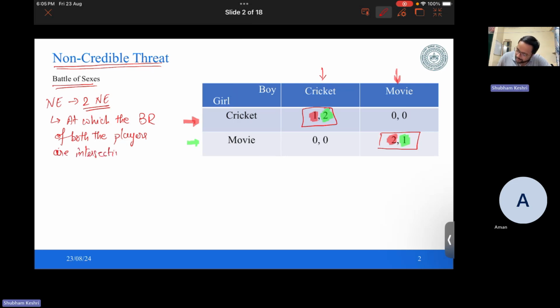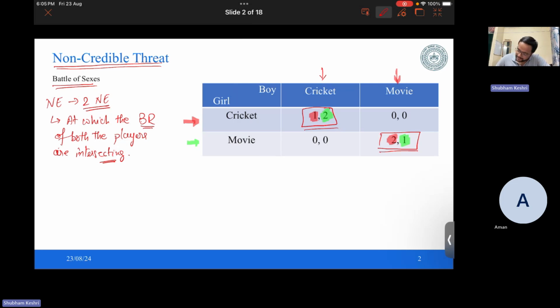And one thing you should always keep in mind is that this idea of finding the best responses and getting the intersection of best responses is crucial for this course as a whole. So in today's lecture also, when we talk about Bayesian Nash equilibrium, this idea of intersection of best responses will play a part. All right. So this is how we can find out the Nash equilibrium of this simultaneous move game.